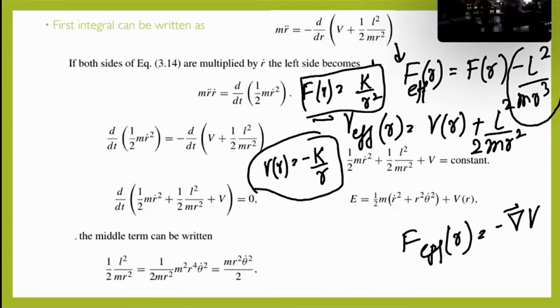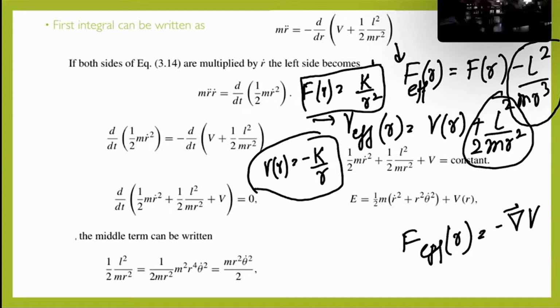Now this is your effective potential. This is important because whenever you take any potential, this is how you will be plotting it. It is not just that particular potential; this term will also contribute in the potential part, as in the force part. For example, I have taken the inverse square law of force.